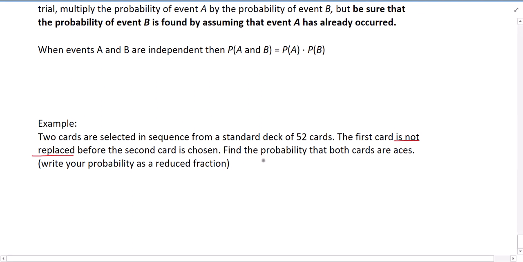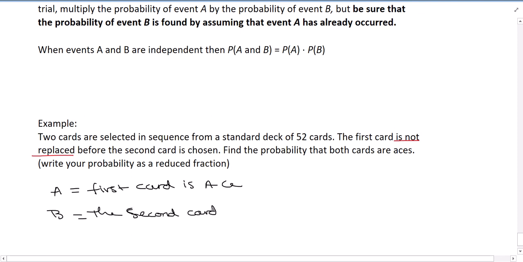So let's see, the probability of A and B. Let A be the first card is an ace, and event B is that the second card is also an ace.